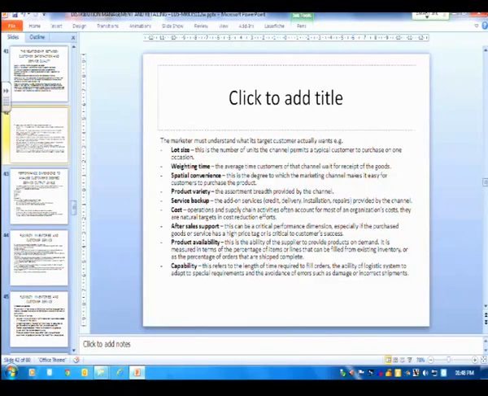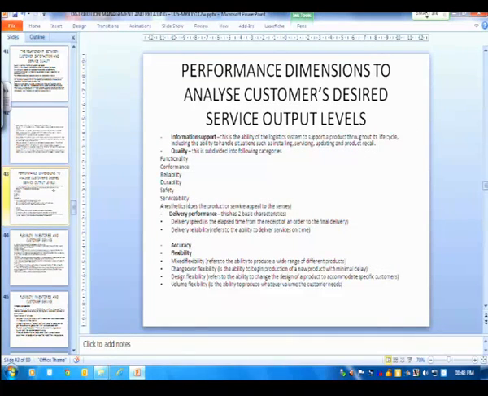Capability. This refers to the length of time required to fill orders, the ability of the logistics system to adapt to special requirements, and the avoidance of errors such as damage or incorrect shipment.